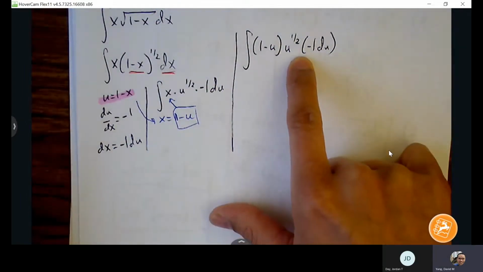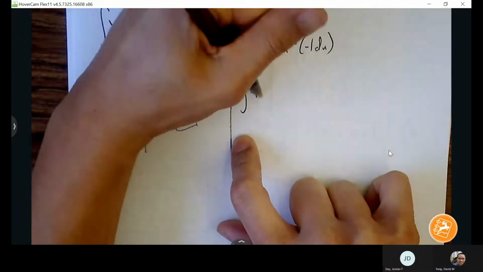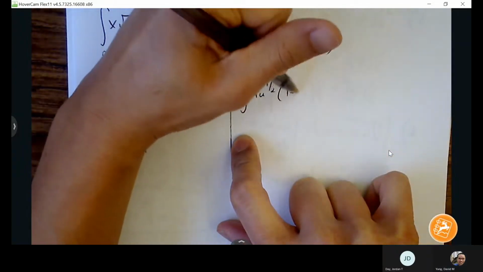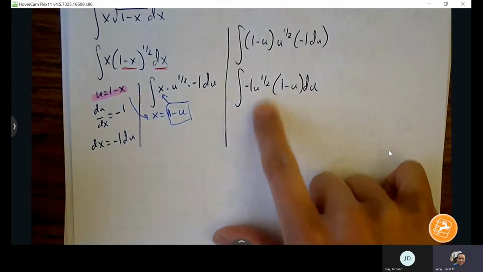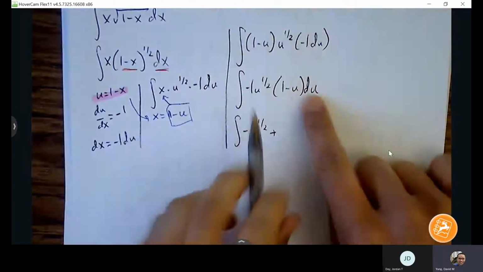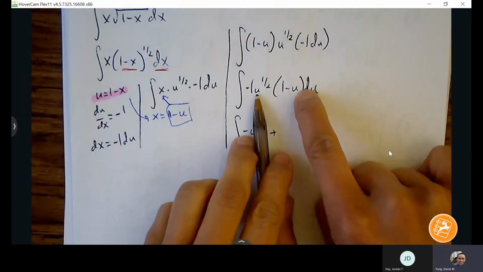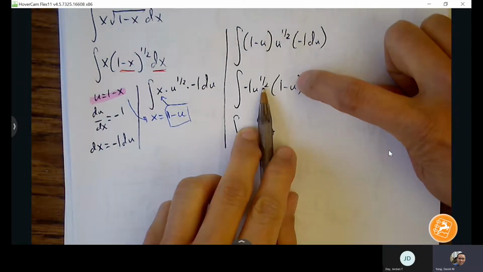I'll distribute the negative u to the 1/2 through the parentheses. Careful, if you're multiplying bases, you have to add exponents. There's a hidden exponent of 1. 1/2 plus 1 is 3/2.